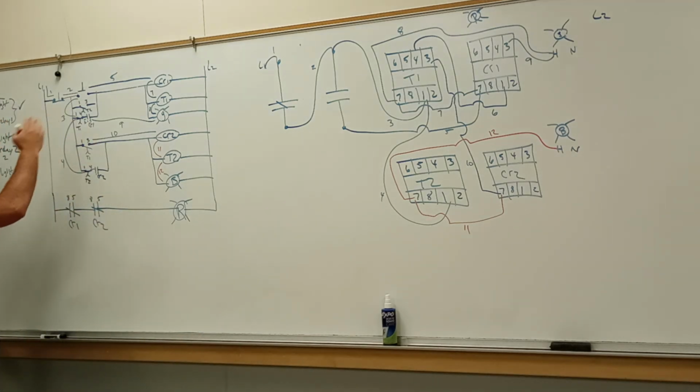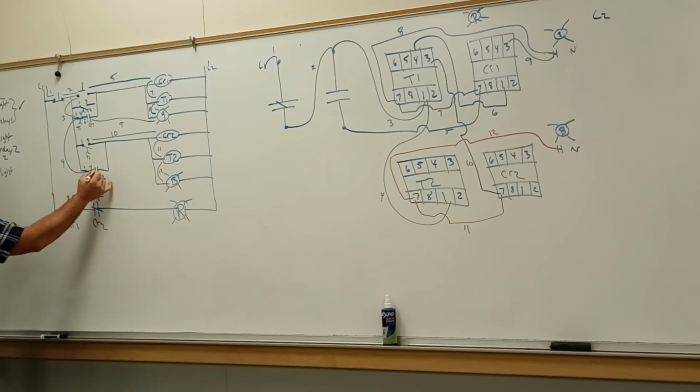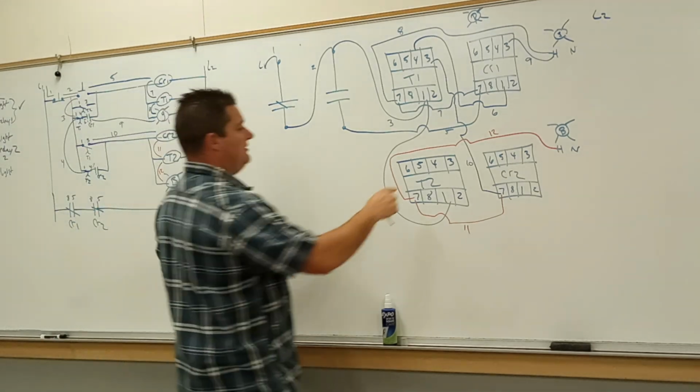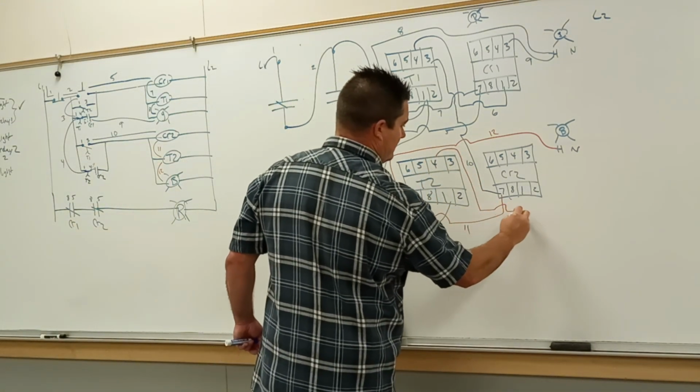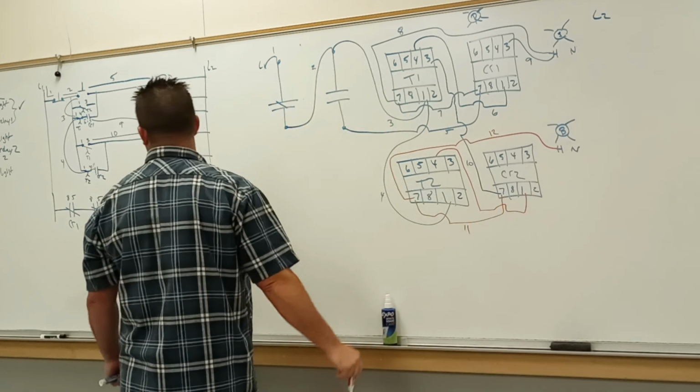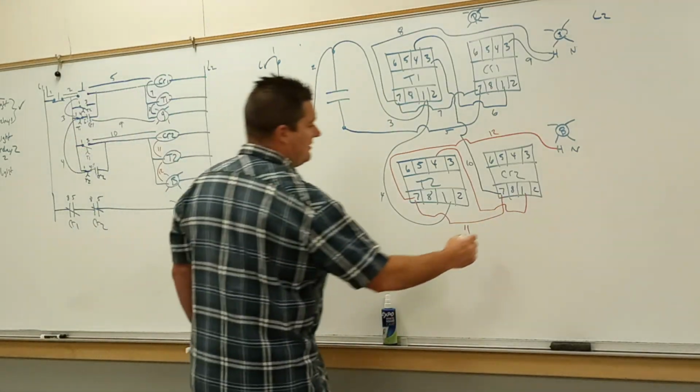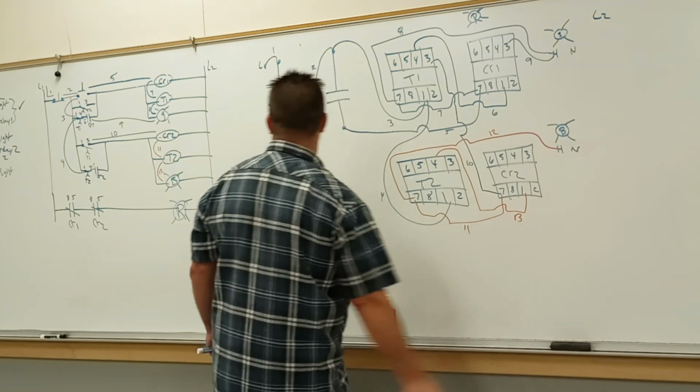Now I'm going to go back to my memory. So T2 number 4 goes into CR2's number 1. And that's going to be wire 13. So T2 number 4 to the CR2 number 1, wire number 13.